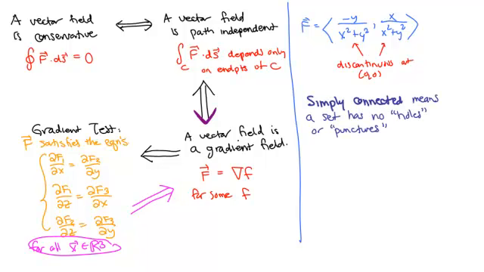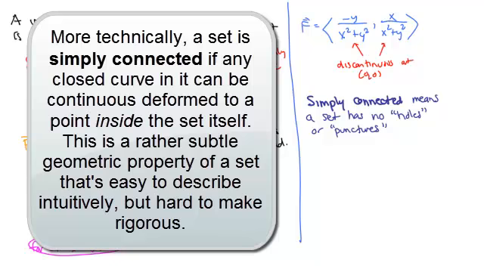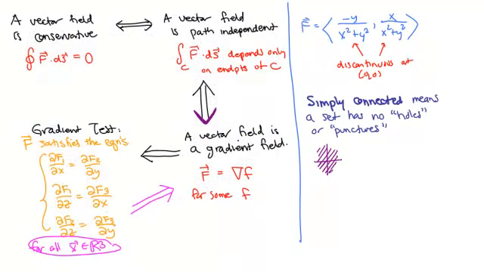In mathematics, the phrase simply connected means that a set has no holes or punctures. So for example, all of R2, the plane, would be a simply connected set. Or say quadrant 1 would be a simply connected set. Or even the inside of a circle would be examples of simply connected sets.